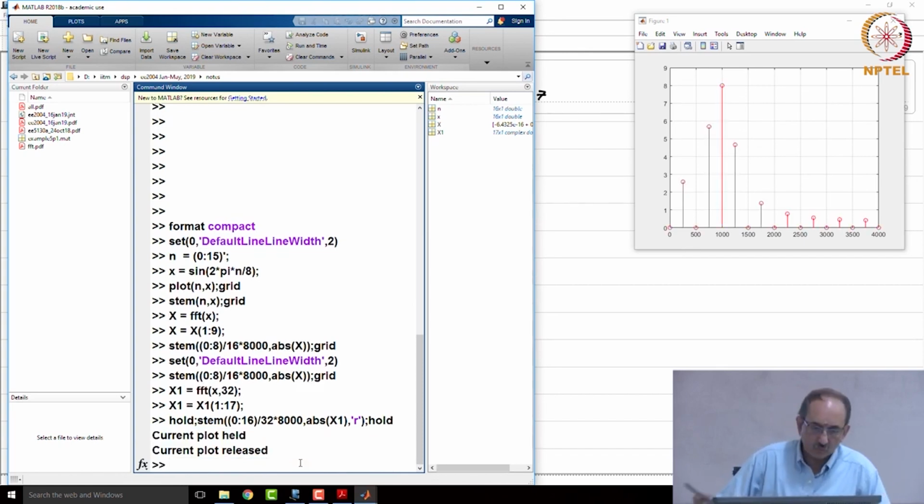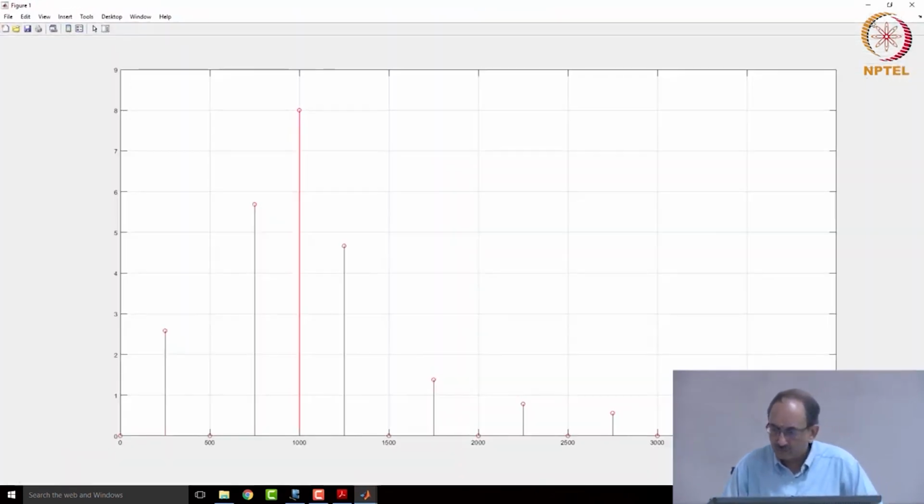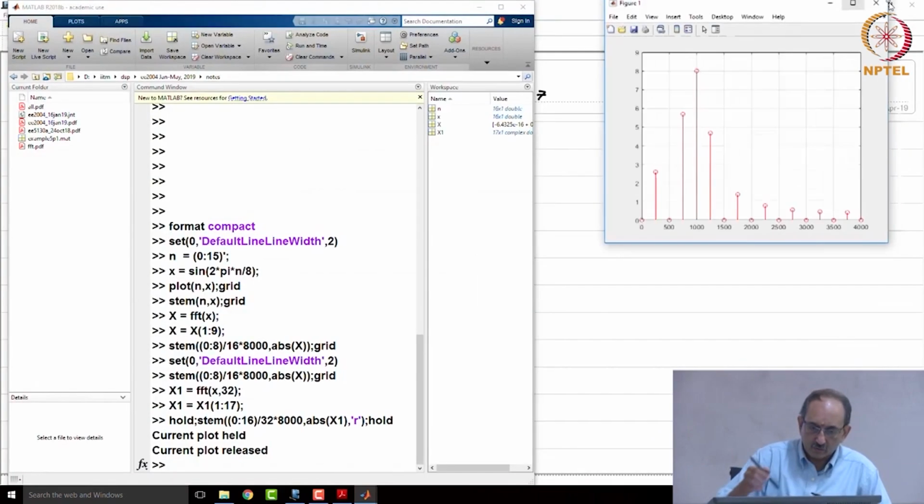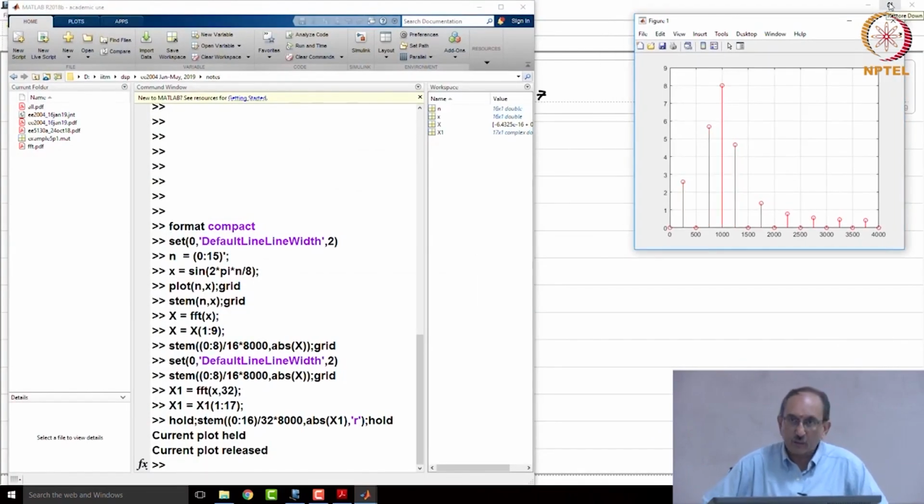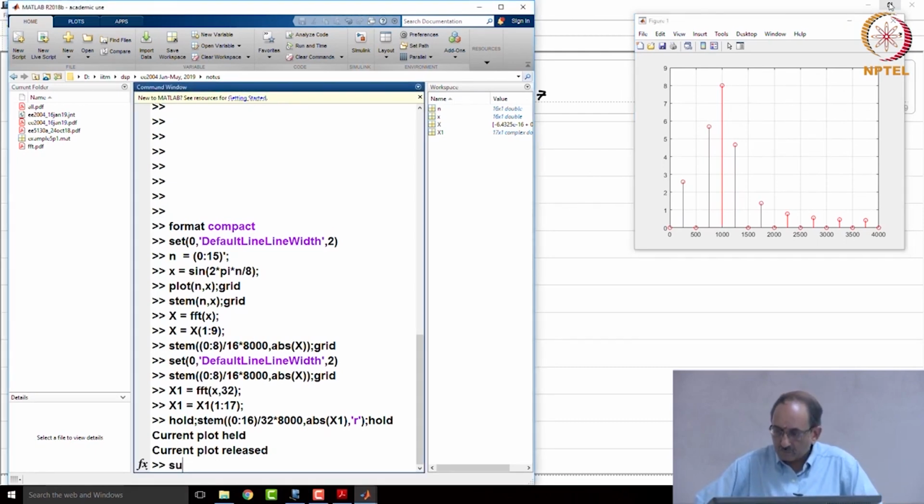And this is what you see. And if you recall the earlier plot, maybe since it is overlying and it is exactly overlapping, you are not able to see the difference.